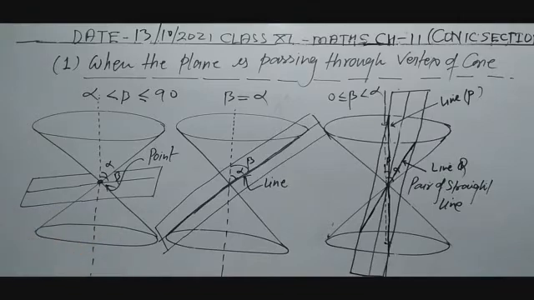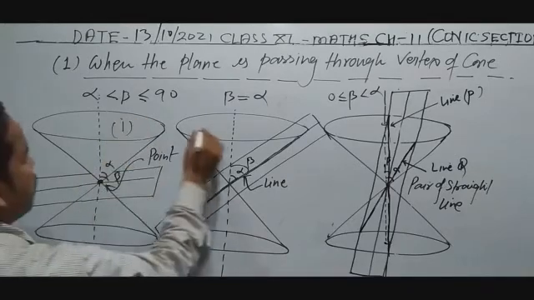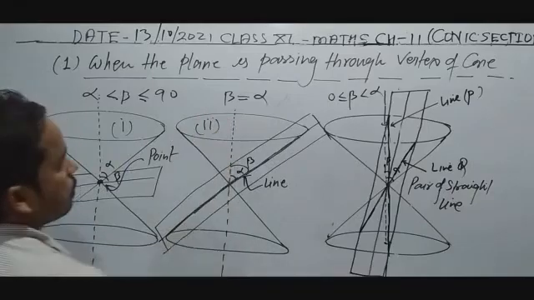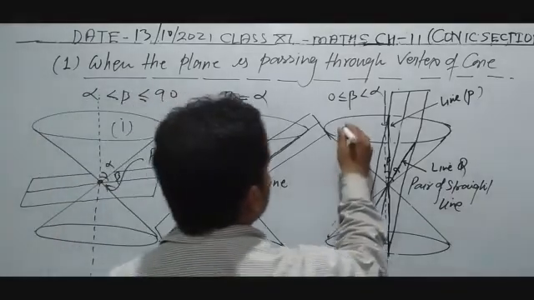The first category is beta greater than alpha and less than 90. The second case is beta equal to alpha. This is the first case, this is the second case, and this is the third case.